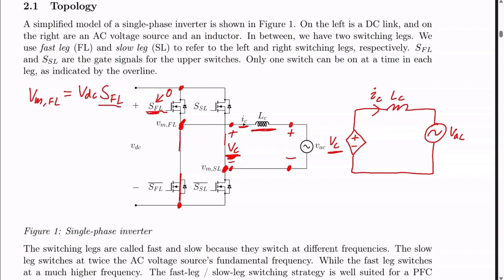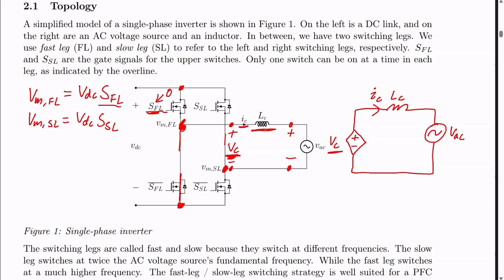And when it's 0, this voltage is equal to this voltage, so we get 0. And we can do the same for the slow leg. So we have VM_SL, and the slow leg is equal to VDC times the slow leg gate signal.